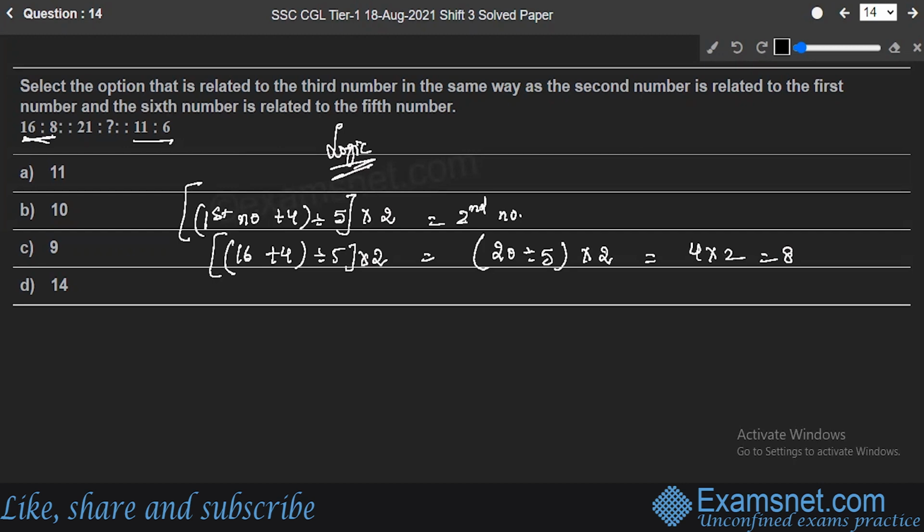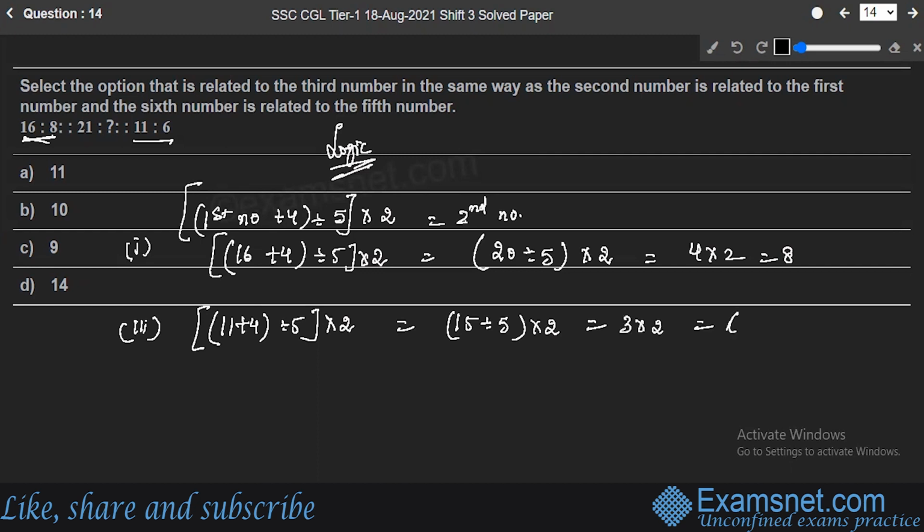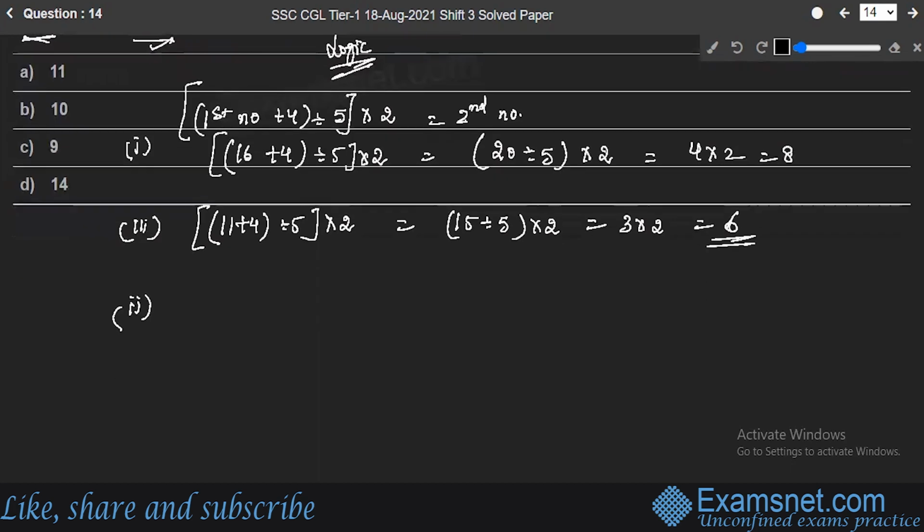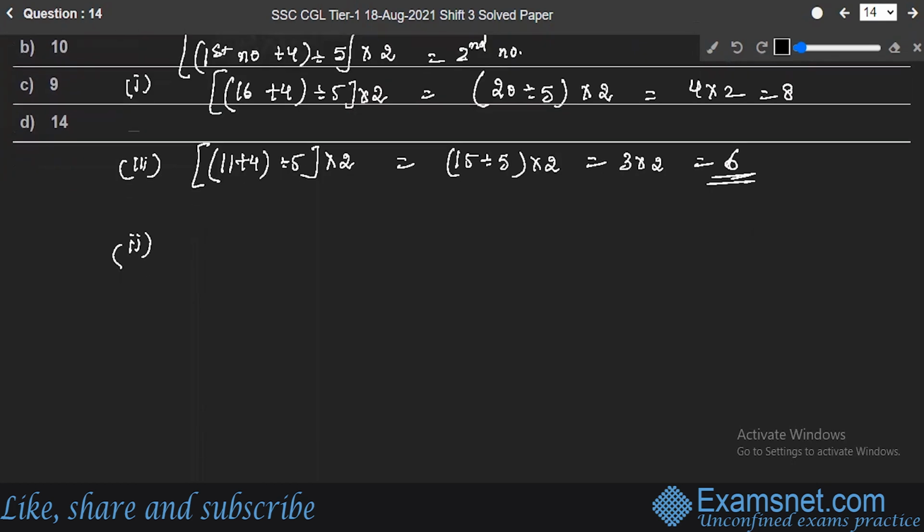Let's move with the second one. Actually, the third one. 11 plus 4 whole divided by 5, the result multiplied by 2. This is 15 divided by 5 multiplied by 2. 3 multiplied by 2 gives you 6, which is again correct. Let's fill in the same logic in the second option, which is 21 is to question mark.